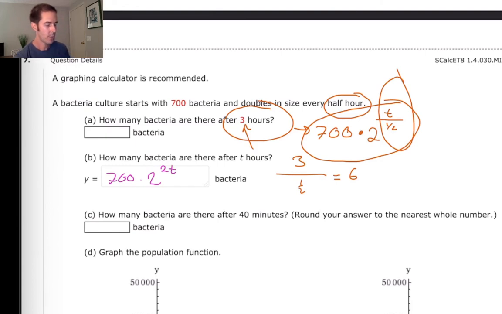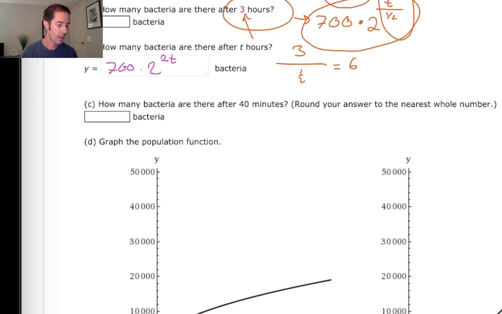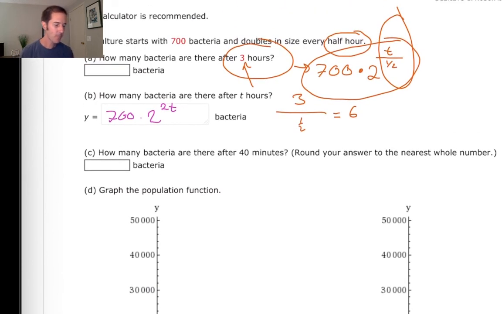All right, that would generate the number of bacteria present after t hours. How many bacteria are there after 40 minutes? That's a little trickier. If t is measured in hours, then to answer this question, you need to convert 40 minutes into hours.